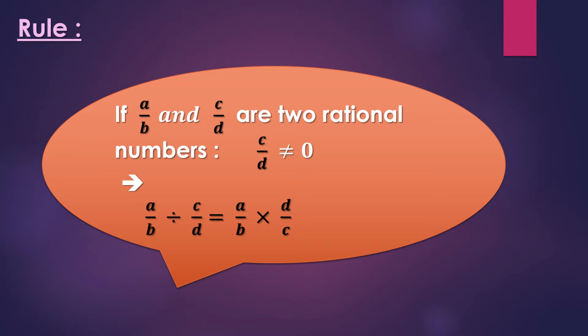So a/b divided by c/d will equal a/b times the multiplicative inverse of the rational number after the division sign. So we convert the division operation to a multiplication operation.